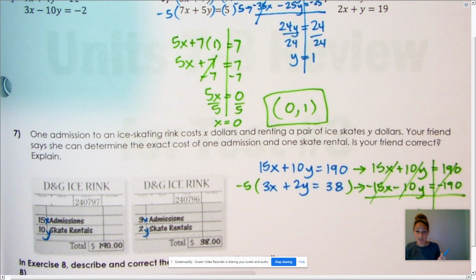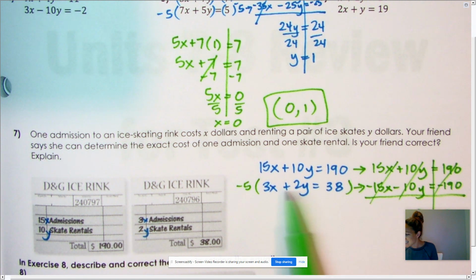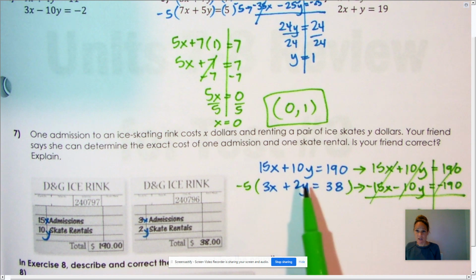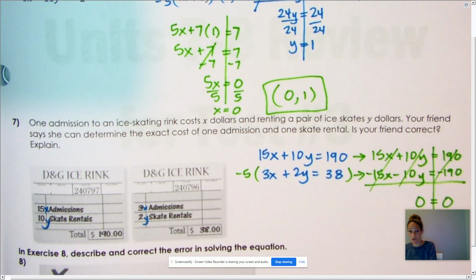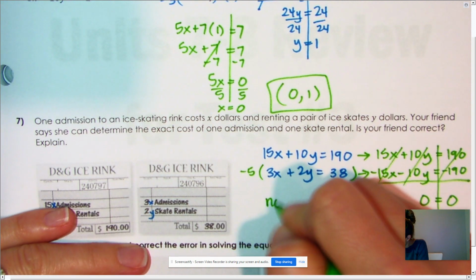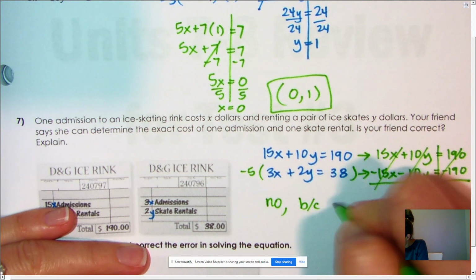Ordinarily, if we had 2 different points, yes, that would be correct. But because this one is an exact multiple of the original, of the smaller numbers, and everything cancels out, not helpful. Okay, so your friend is not correct, because everything cancels.